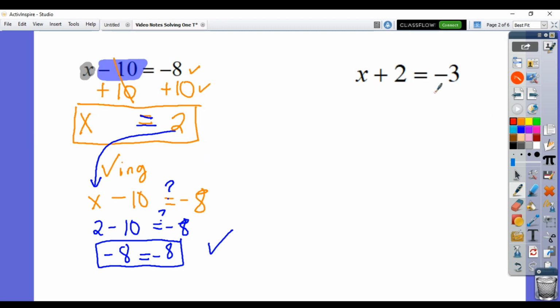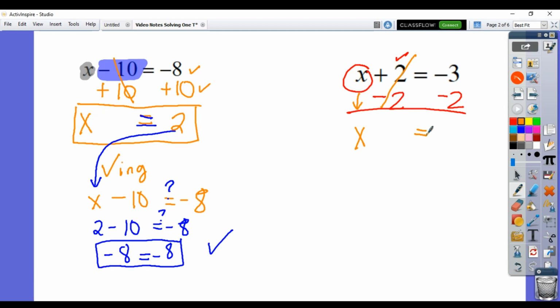Next, x plus 2 equals negative 3. I need to isolate this x. I need to get rid of this. So what's the opposite of positive 2? Negative 2. So minus 2 there, minus 2 here. Again, whatever you do on one side, you have to do on the other side. This will cross out. You will drop the x here.